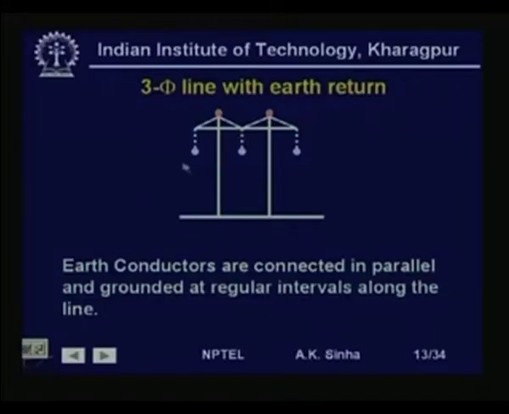Normally, when the system is working as a balanced system, there will not be any return current flowing, because the sum of the 3 currents will be 0 all the time. But in case of unbalanced currents flowing in the system, we have some currents flowing through these return conductors, which will again go to the ground and flow through the earth.